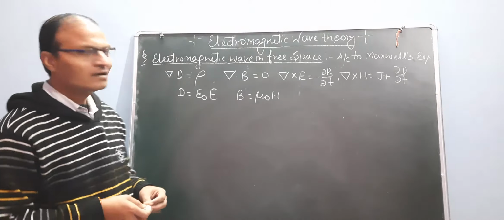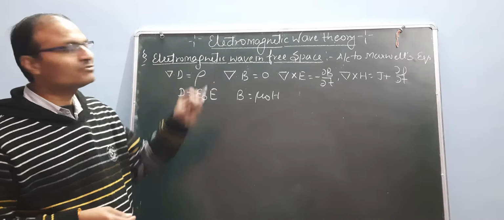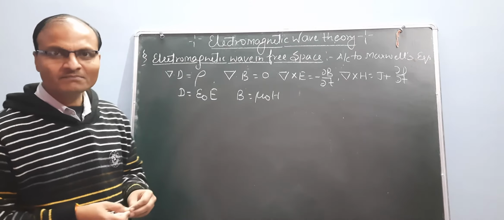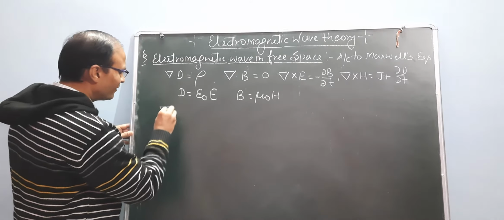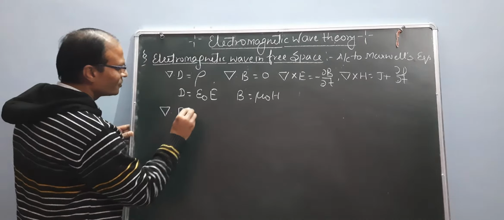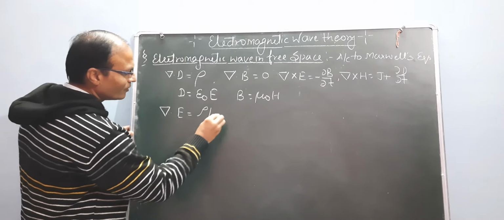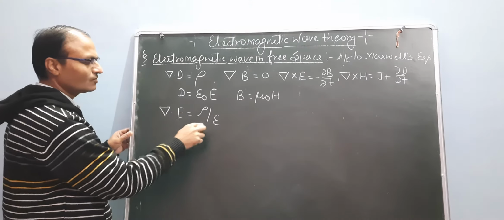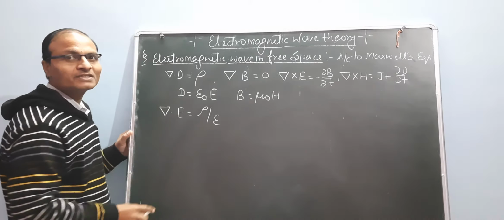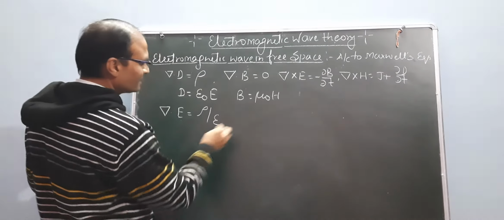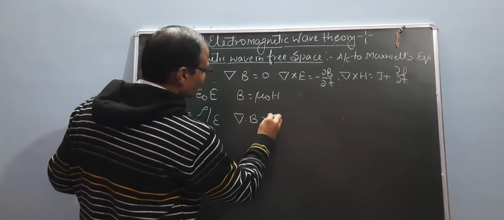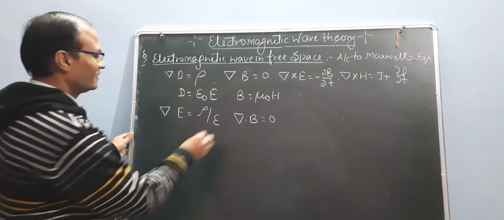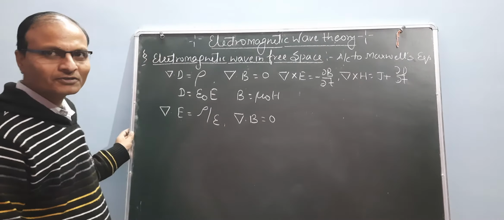Now we write these equations for any medium. The equations are del dot E equal to rho upon epsilon. This is also the Gauss law of electrostatics. And the second equation is del dot B equal to 0. This is Gauss law of magnetostatics.